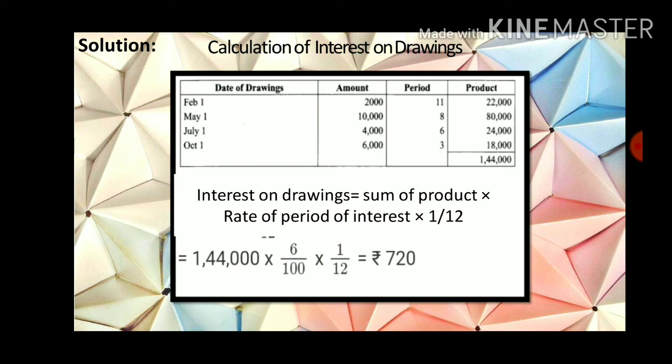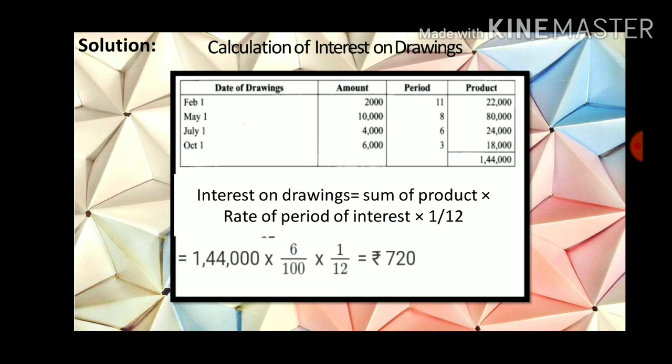So May to December, the period of interest is 8 months. So 10,000 into 8 totally 80,000. Then July to December: in July he withdrew 4,000, and till December the period of interest is 6 months. So 4,000 into 6, 24,000.